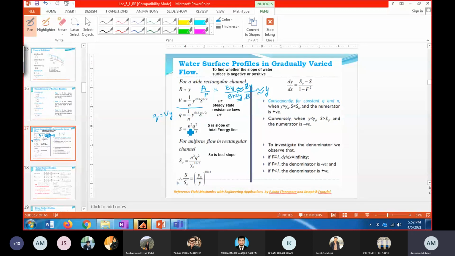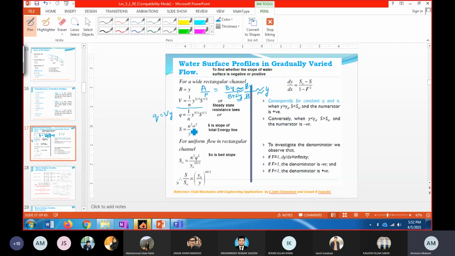So S can be determined. Here we assume that the slope of the energy line is equal to the bed slope, or you can say the energy line is parallel to the bed slope. This is the assumption. For the case of steady flow in a small reach, you can safely assume that the slope of energy line and bed slope are constant.